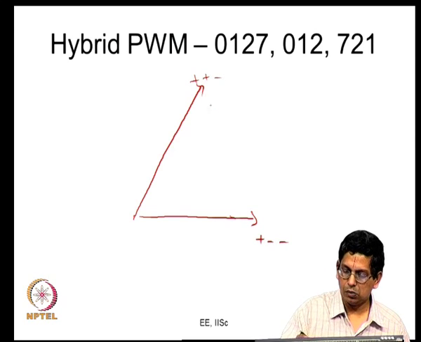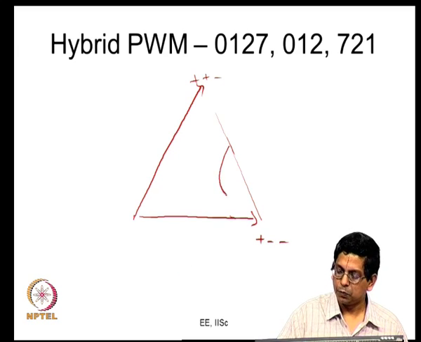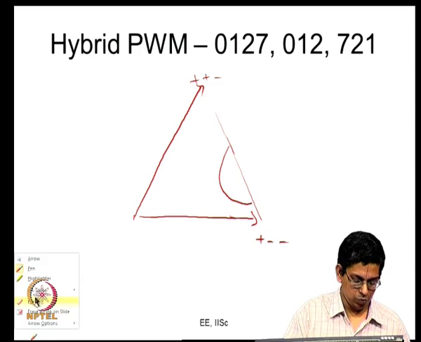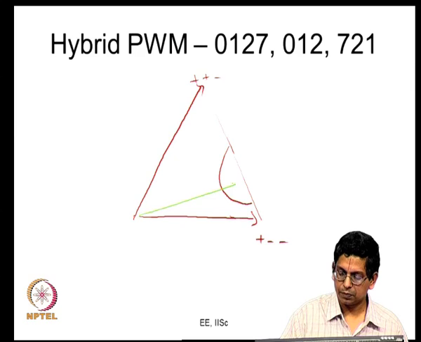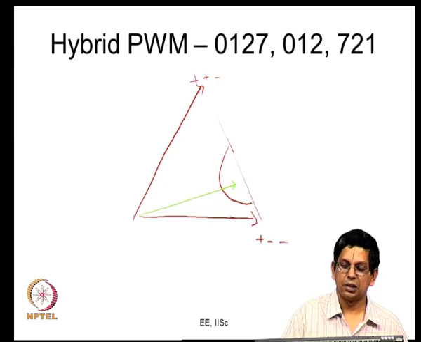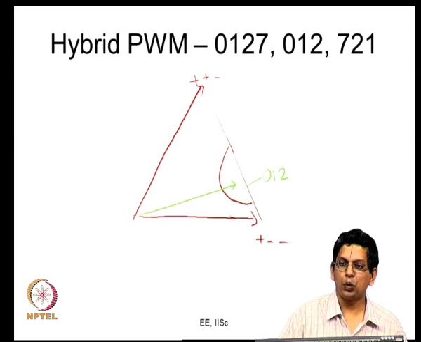Now, you will see a range of vectors, that is, you may have a vector whose tip is like this. If there is a vector whose tip is like this, then you can apply 0 1 2. 0 1 2 will give you lower q axis ripple than 0 1 2 7.